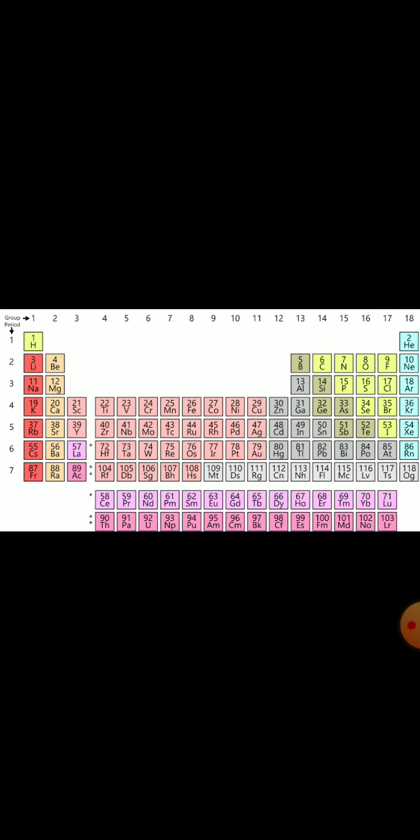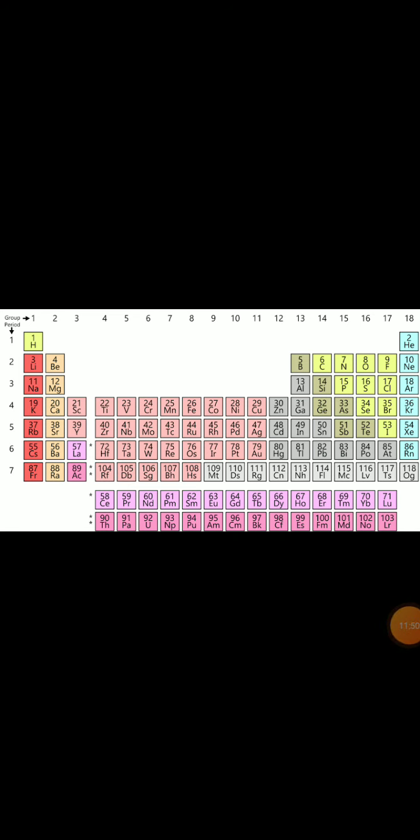So obviously, if the number of protons increases, the number of electrons will also increase, and as the number of electrons increases, we need to have different shells. So the number of shells also increases. So this is the simple reason: the number of protons increases, so the number of electrons increases, and to fill the electrons in shells, we need to increase the shells also.